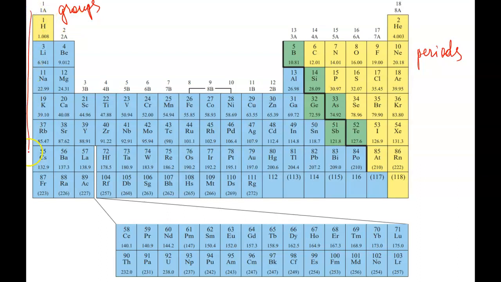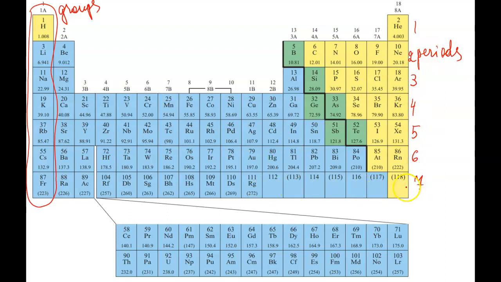And instead of saying horizontal row number 2, you will say period number 2. There are 7 periods in the periodic table: 1, 2, 3, 4, 5, 6, and 7.